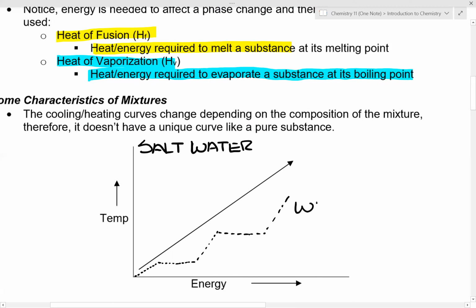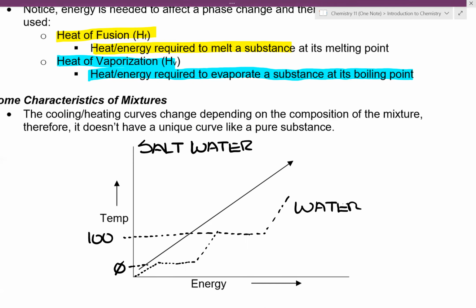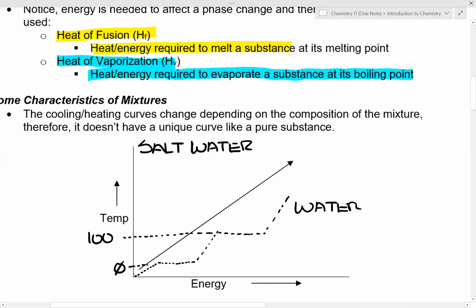So let's say this is water. Remember, we talked about 0 degrees Celsius and 100 degrees Celsius is where water changes phases. But for salt, because salt is different, salt might be something like this.